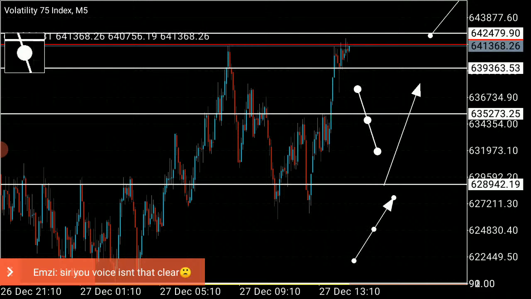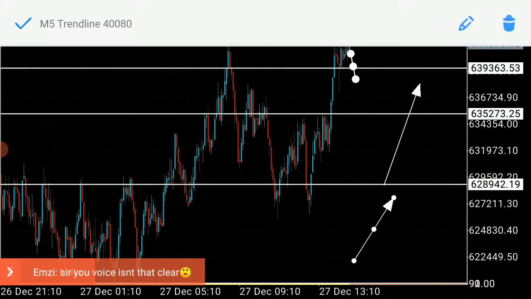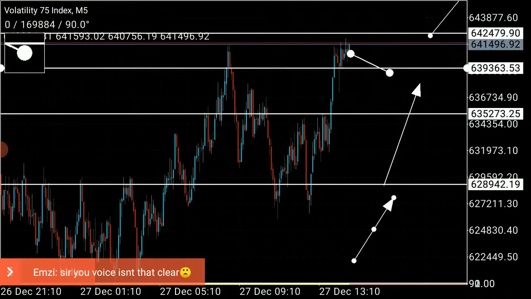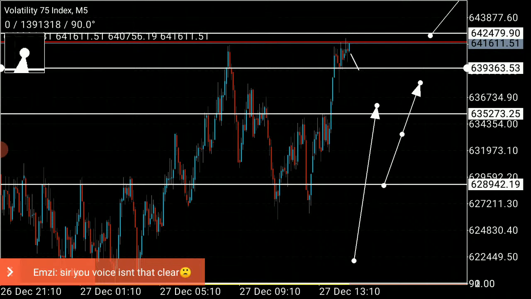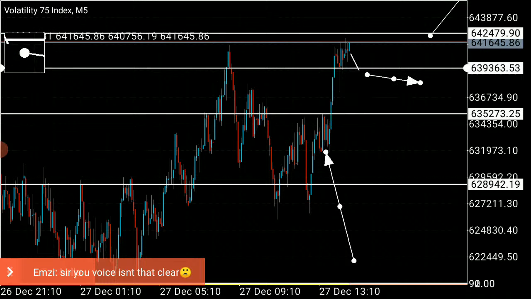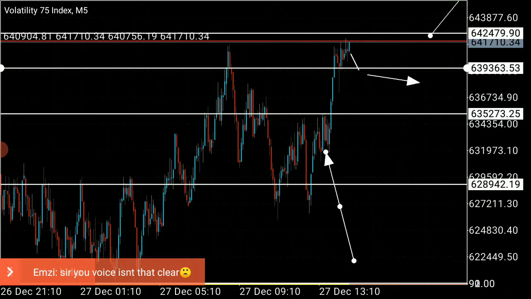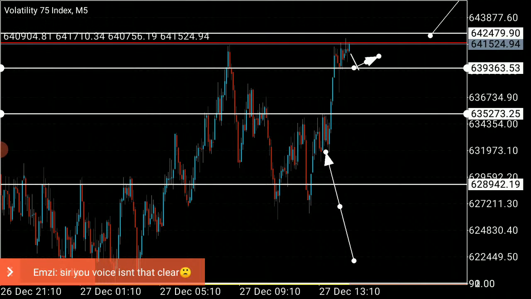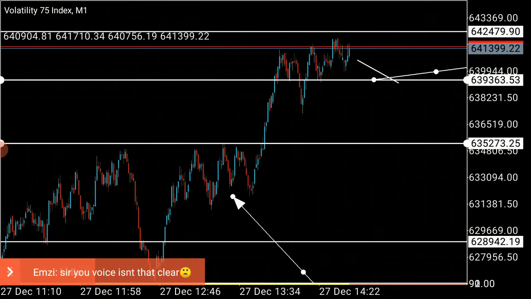When you see me put it like this here, now the trade is here, and I'll put it this way and then put my arrow like this. The picture is very small.